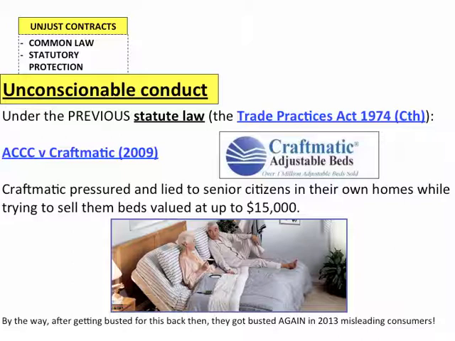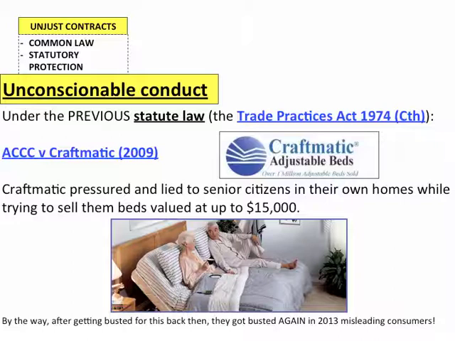But if you are worried about your health and these people are presenting themselves as having a much healthier bed, one that you can sit up in and drink your tea and all that, then you might be persuaded, and if you're old and lonely, you might like talking to salespeople, right? And some of the beds went up to $15,000.